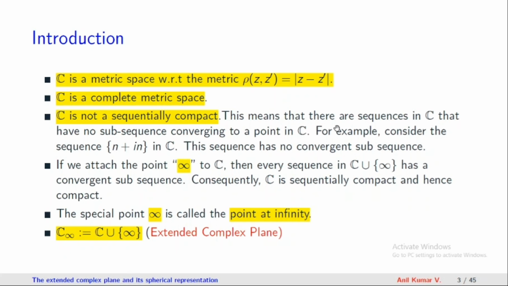This means that there are sequences in C that have no subsequence converging to a point in C.